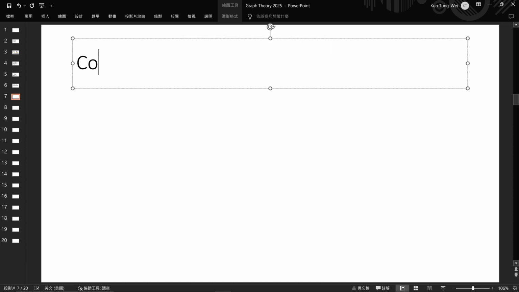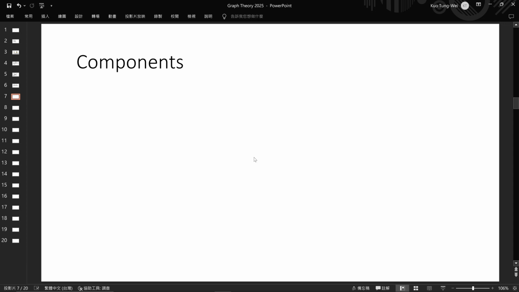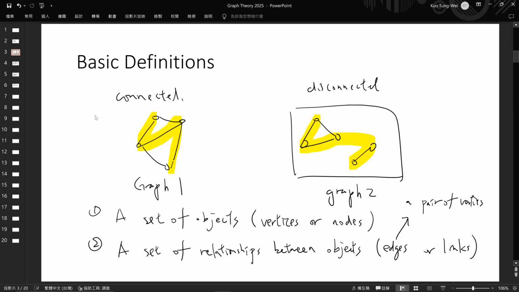Okay, so the next basic definition I'm going to mention is components. I haven't given you the definition of a component, but if I just ask you, how many components are there in this graph, and how many components are there in this graph?